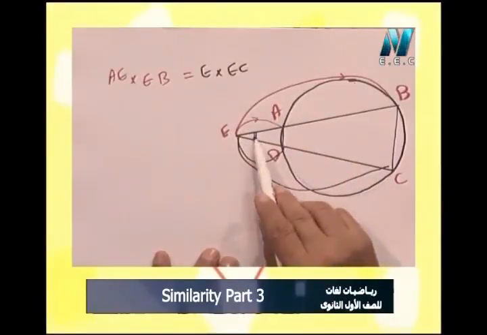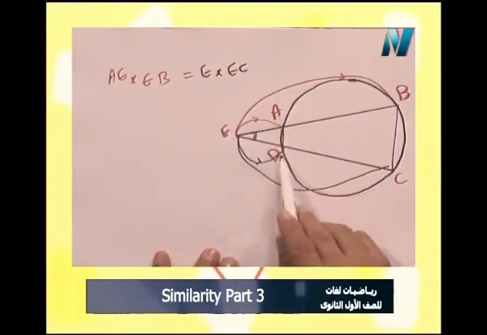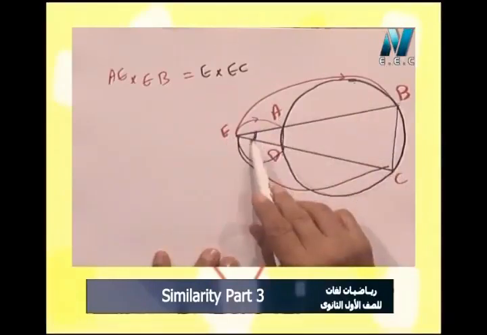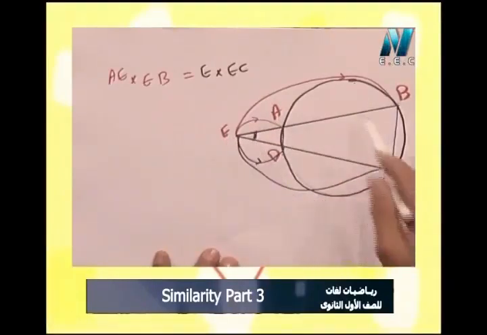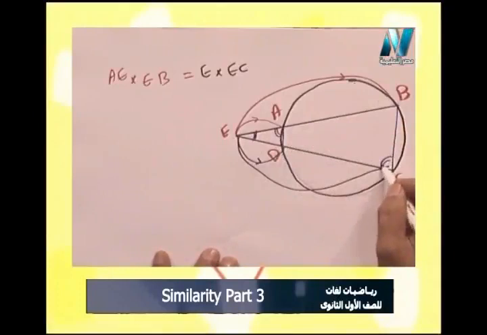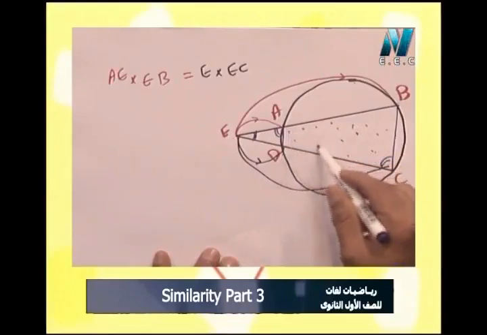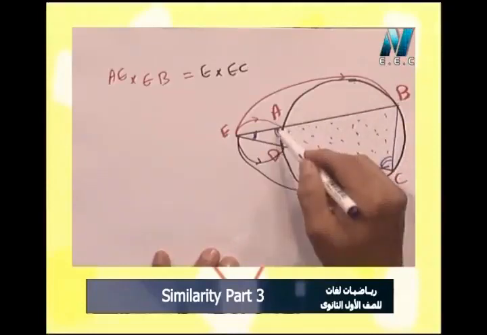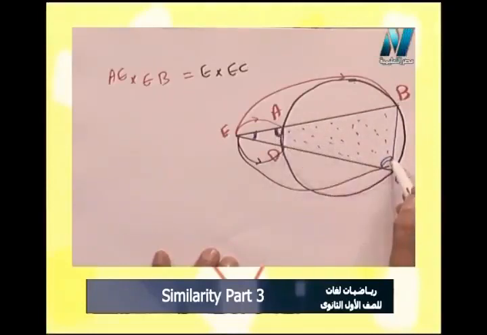It is an angle of the triangle EAD, and it is the same angle for the triangle BEC. And we know that this is a circle, and this angle equals this angle also. Why? Because ABCD is a cyclic quadrilateral. From your previous studying, the circle passes through B, C, D, and A, so ABCD is a cyclic quad. So the exterior angle here equals the measure of the interior angle opposite to its vertex.